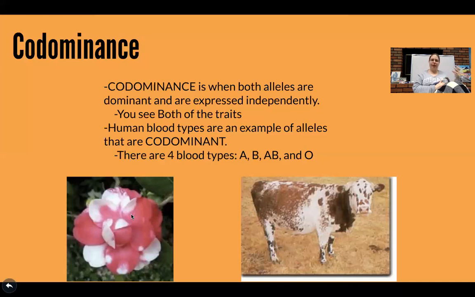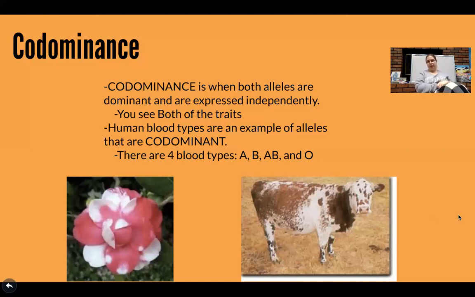It's showing the reddish brown allele, which is dominant, and it's showing the white, which is also dominant. So both of those alleles together, you get a cow that shows both of those different fur colors independently. They're not mixed. You end up more with this splotchy, kind of spotted pattern, as you can see in both the flower and the cute little cow right there.